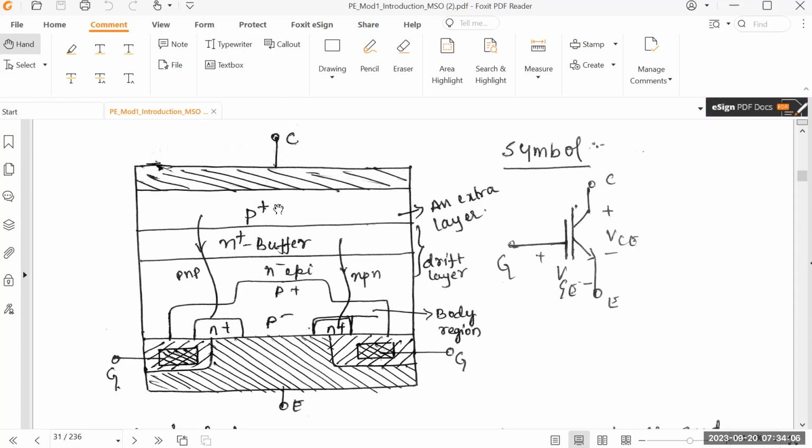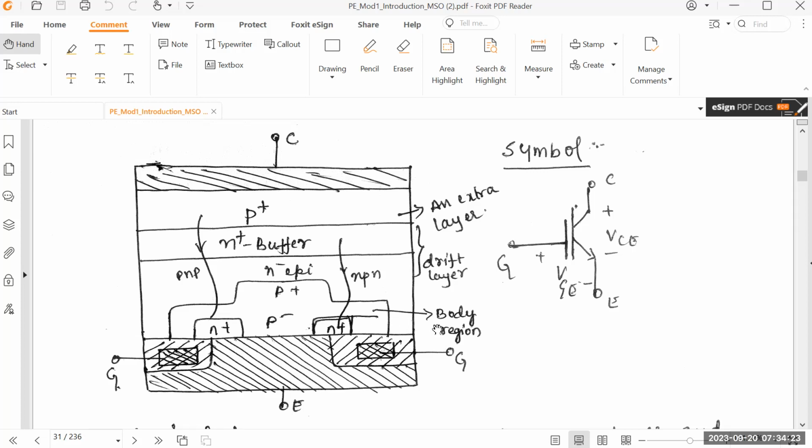Now this part is called the gate region. Mostly this gate region will be designed with the help of silicon, and this part will act as the body region.